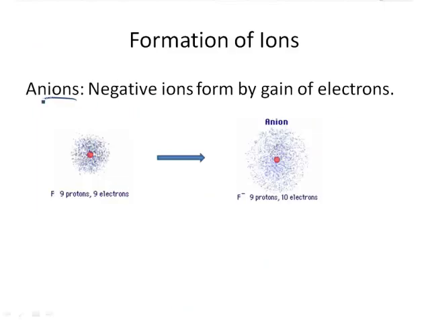So anions are formed by gain of electrons. A fluorine atom has 9 protons, 9 electrons. The fluoride ion has 9 protons and 10 electrons, so it has an overall -1 charge, and that has a negative sign as a superscript in its formula. So cations are positive, anions are negative.